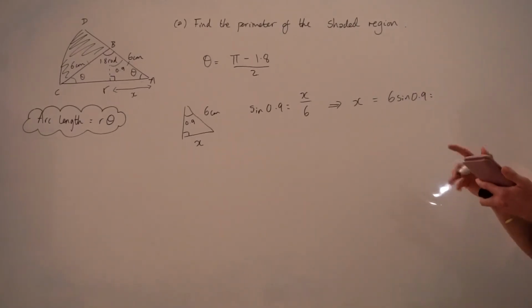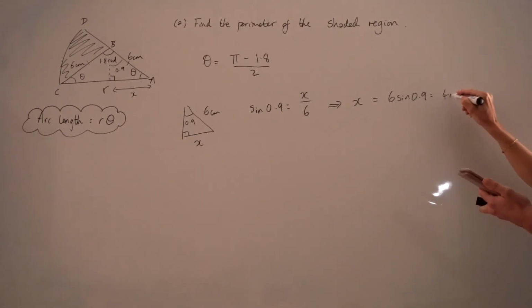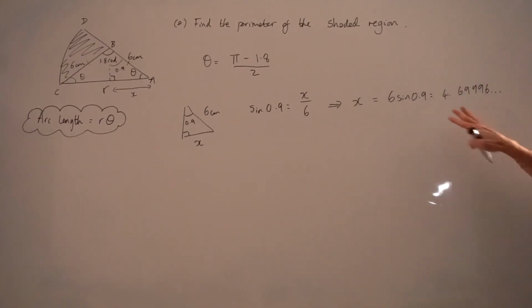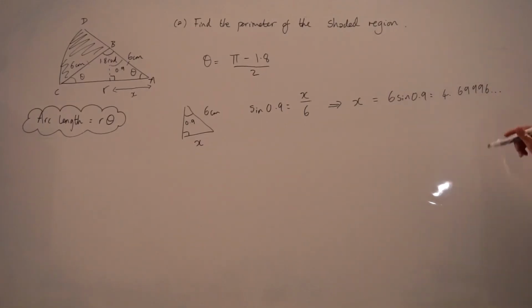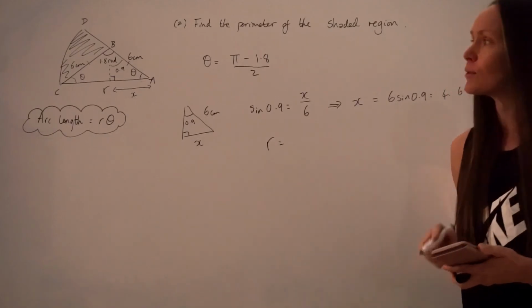Okay, and if you want to work that out in the calculator, you should get 4.69996 and so on. Okay, so this is in radians, my calculator. Next, what we have to do is take the value of x, 4.6996, and multiply it by 2, because that is how we will work out the radius.